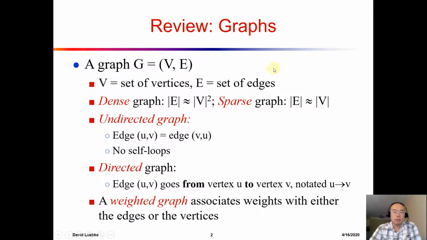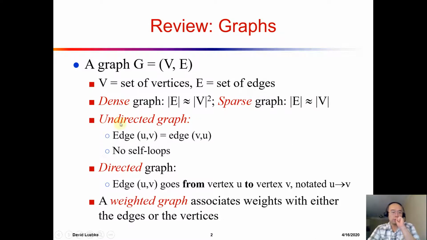For the dense graph, the total number of edges is roughly the number of vertices squared. So this means if we randomly pick two vertices or two nodes, it is very likely that there is one edge between them, right?